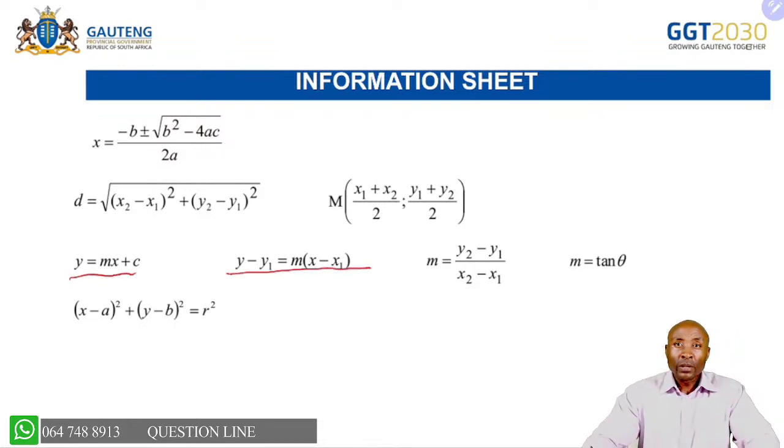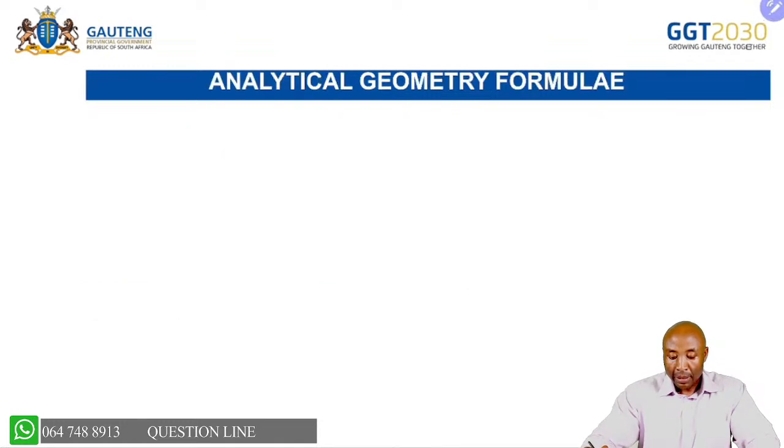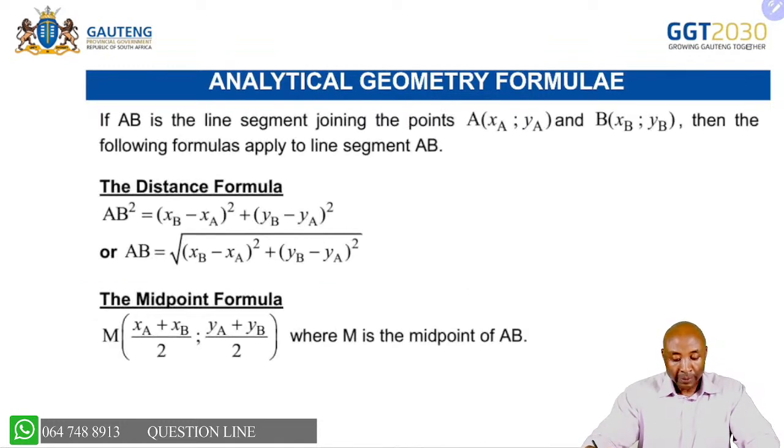We also have the formula for calculating gradient, and we also have a formula for knowing that our gradient is equal to the tangent of the angle of inclination. And we have the equation of a circle. I shall deal with this later on.